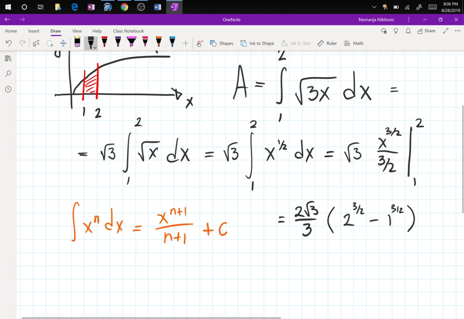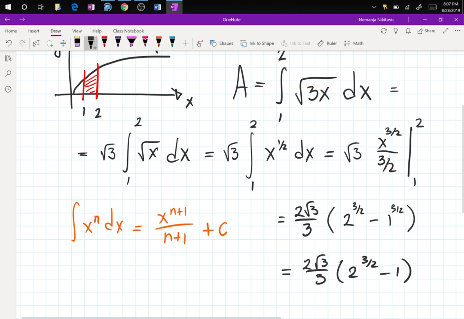So we calculated the area under the curve. If you are interested in decimals, you can punch this into a calculator and get a number. So this is 2 root 3 over 3 times 2 to the 3 halves minus 1.